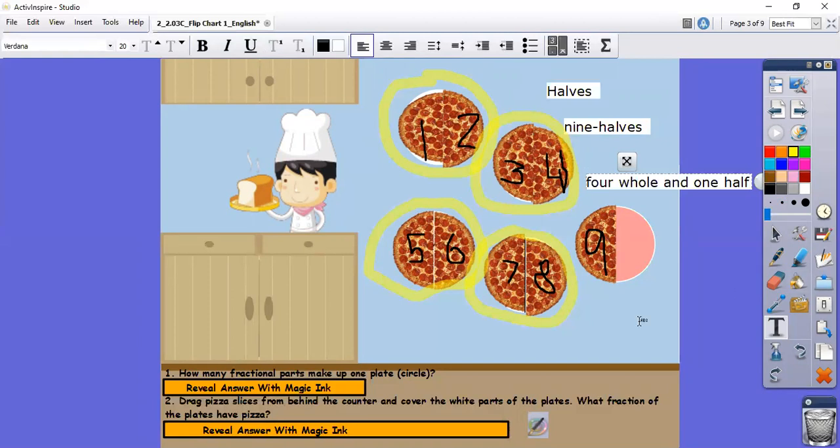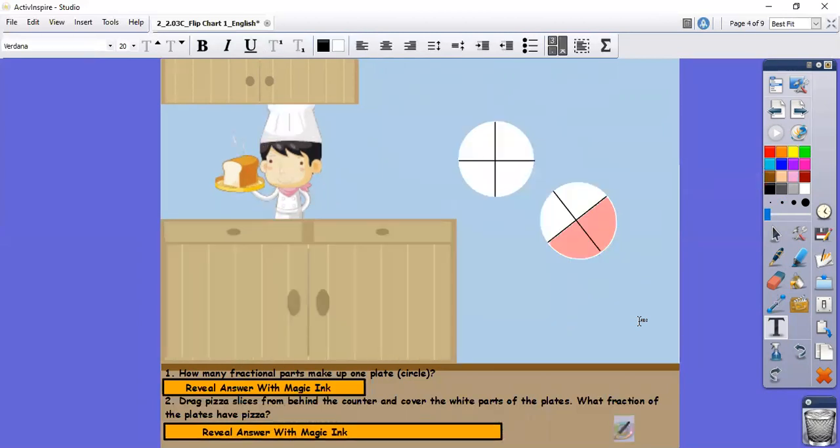So let's take a look at another one. Okay. So when we got to this problem, my pizza slices were not playing nicely with me and they don't want to come out of the kitchen. I think that pizza is still cooking. So what we're going to look at on this part is how many pieces are white and how many pieces are red.